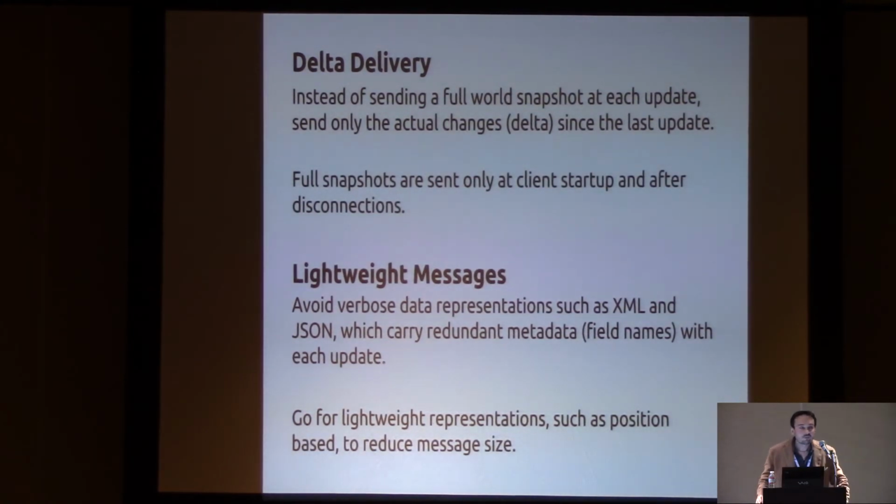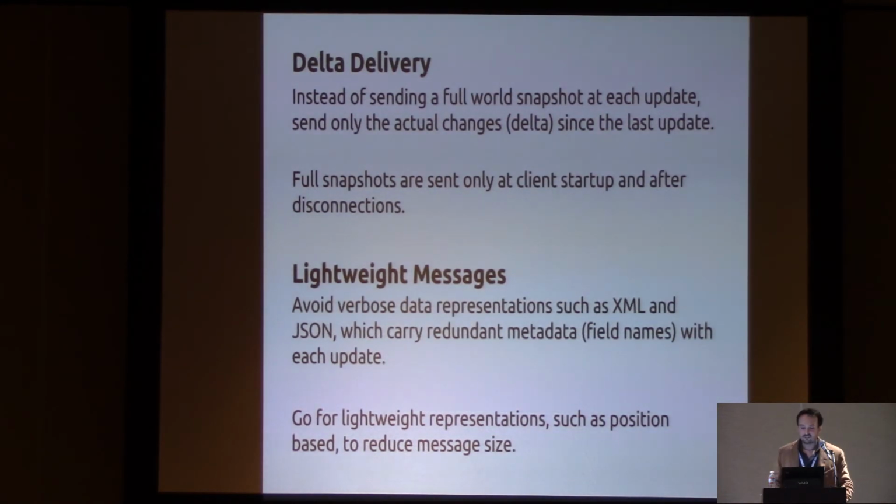In other important aspects, I see a lot of implementations using JSON to transport messages to the client side. Well, I don't think that's the right approach, because JSON is too verbose and too redundant. It means that for each single update, you have to say, this is the X, this is the Y, this is the Z. You are carrying a lot of useless metadata that increases the bandwidth a lot, not to mention XML, of course, which is even worse.